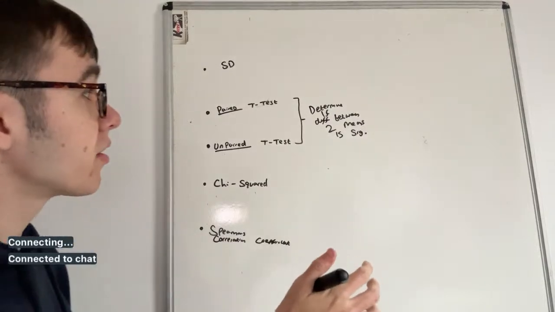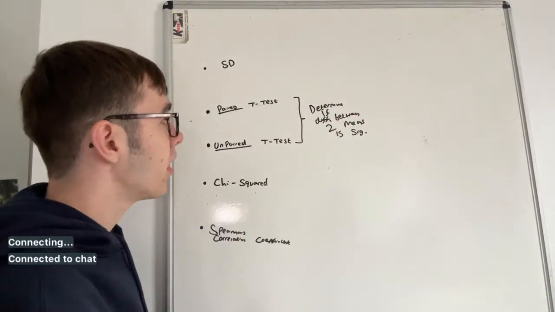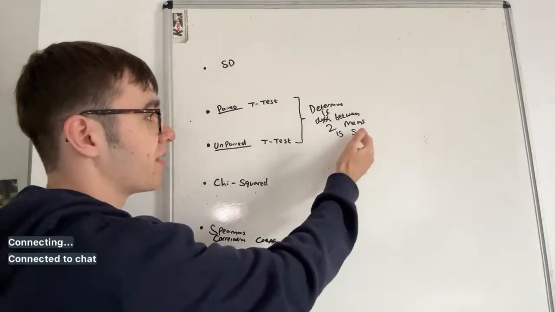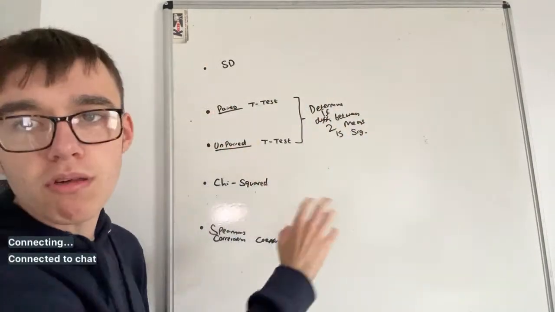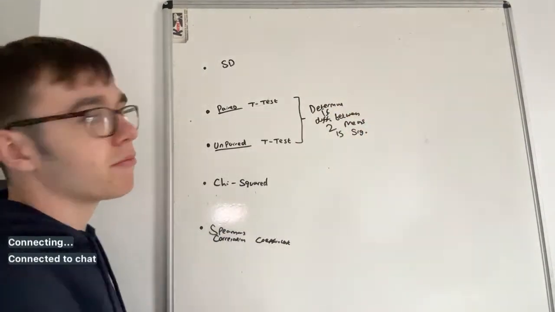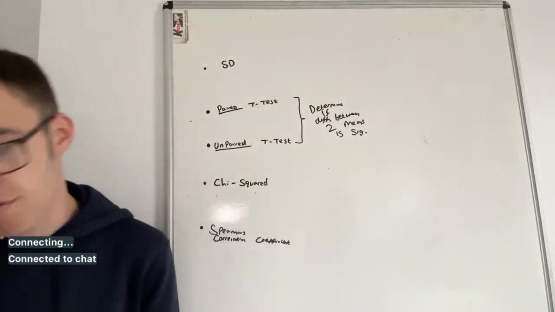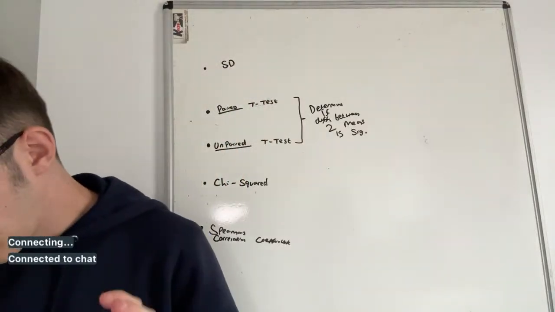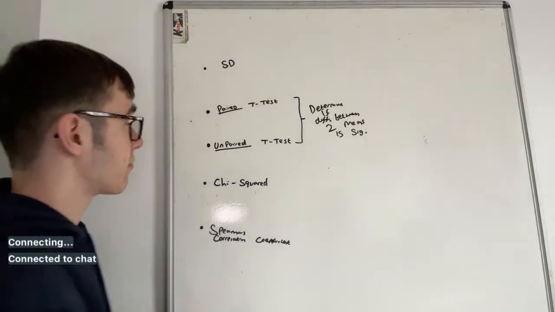And just for the sake of this video and this stream, sorry, I'll be writing significant as sig, and I'll be writing difference as diff. So if you're confused as to what I'm writing, I'm just abbreviating stuff to make it easier, because I'm lazy. So it's to determine if the difference between two means is significant.